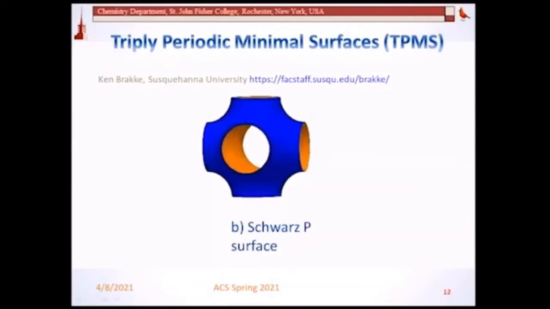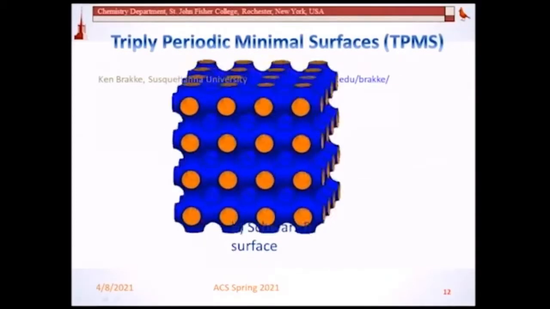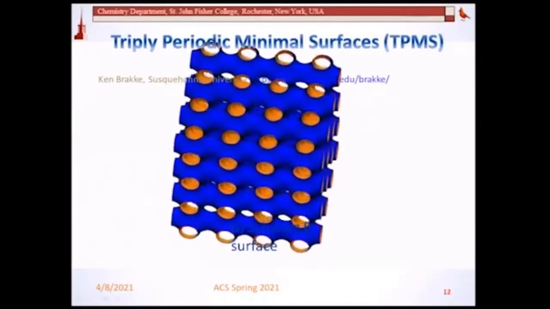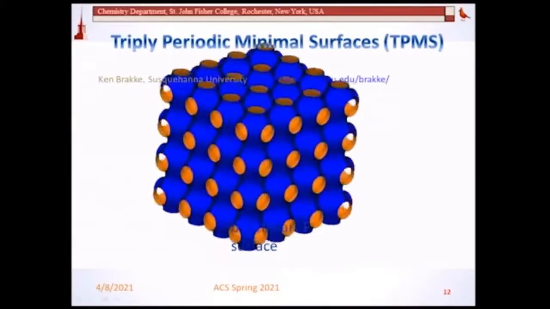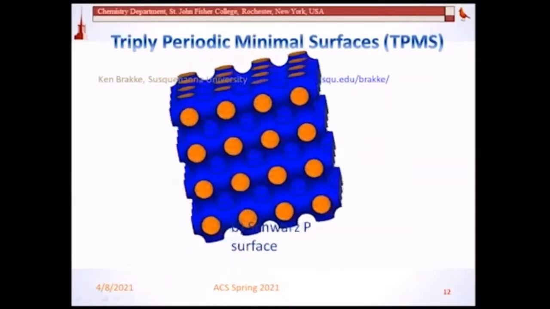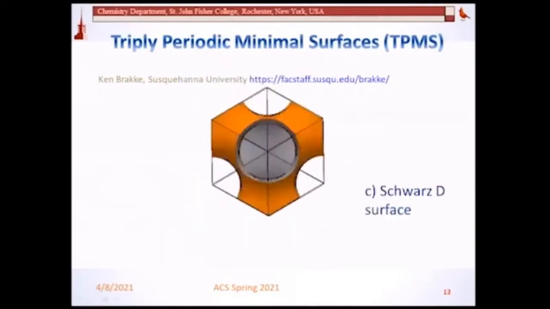And there's another surface, it's called P-surface, that is a chamber with 6 openings, and they can combine with each other through those openings and make a larger size structure, 3-dimensional, with also interconnected channels at 90 degrees to each other. There are 3 axes there, and so this is a highly symmetrical surface with cubic symmetry.